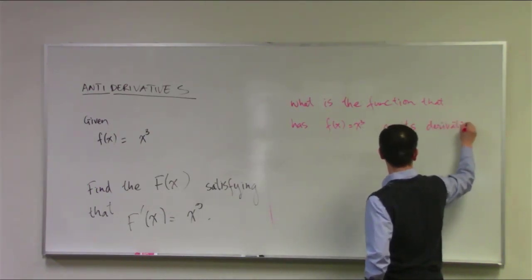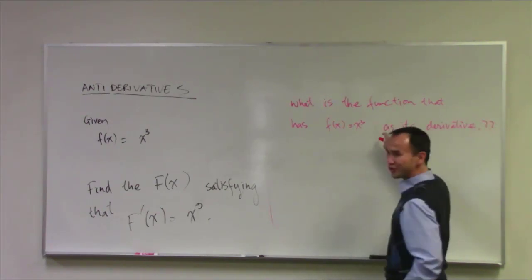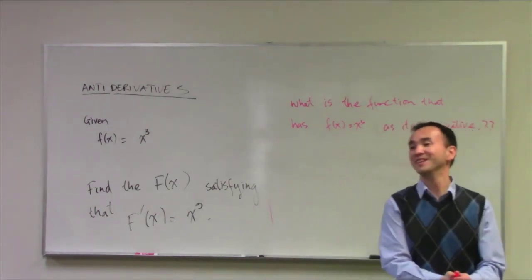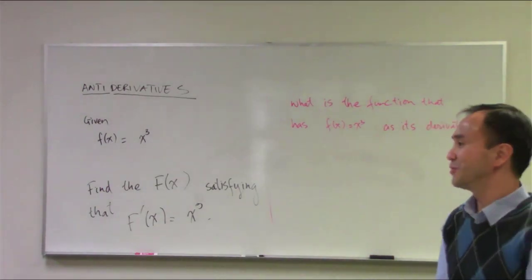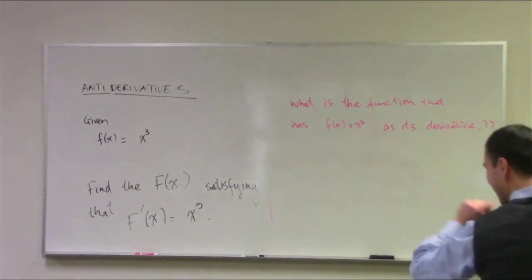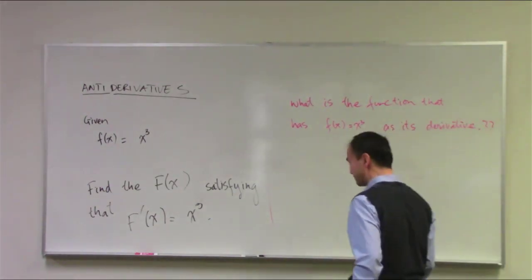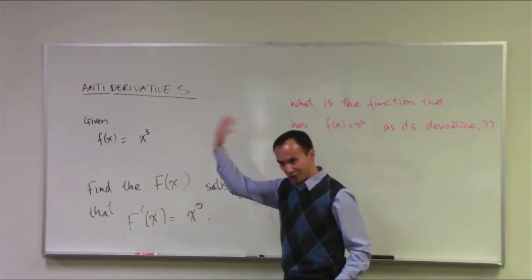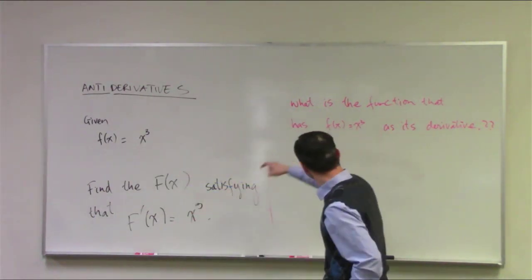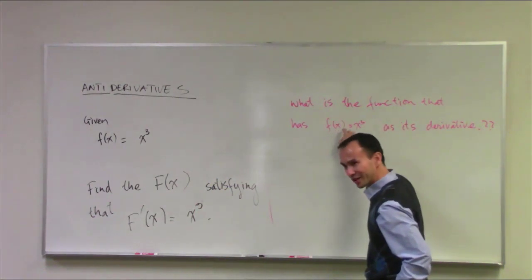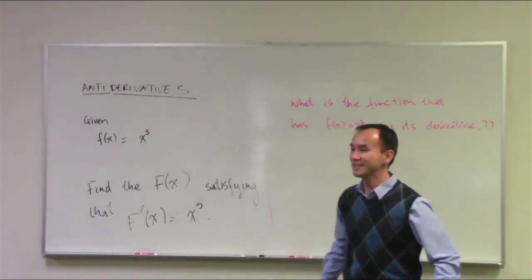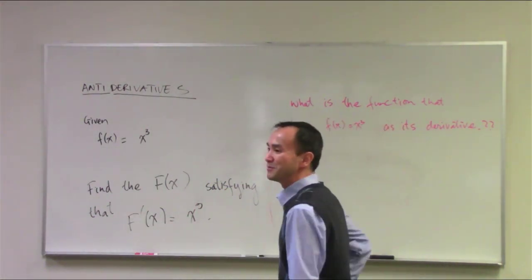This is the kind of question you put in your mind when doing this problem. We're looking for capital F, but as a thought process, what function has lowercase f, x cubed, as its derivative?